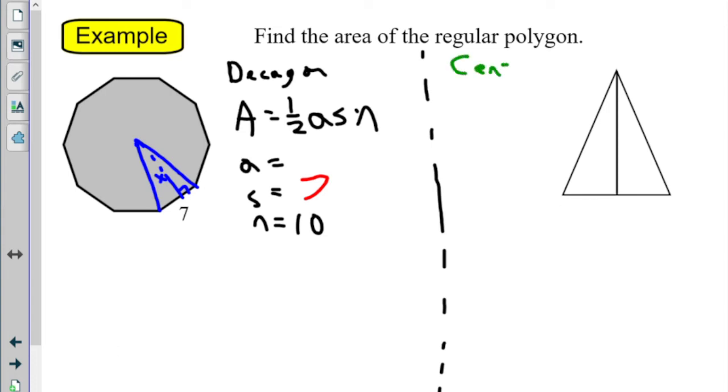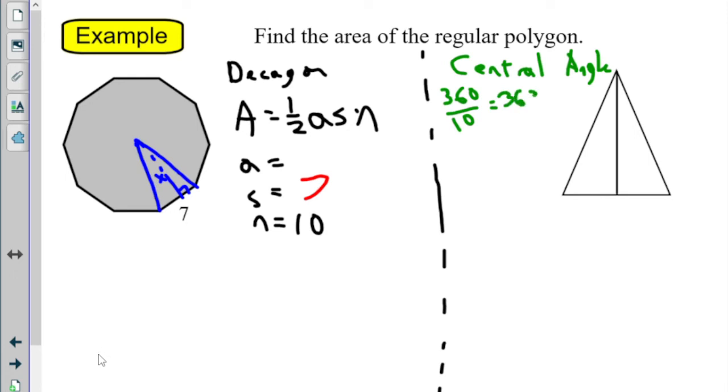So step 2 is to get my central angle. To get the central angle, I'm still going to take 360 and divide it by my number of sides, which is 10. And that's going to give me 36.